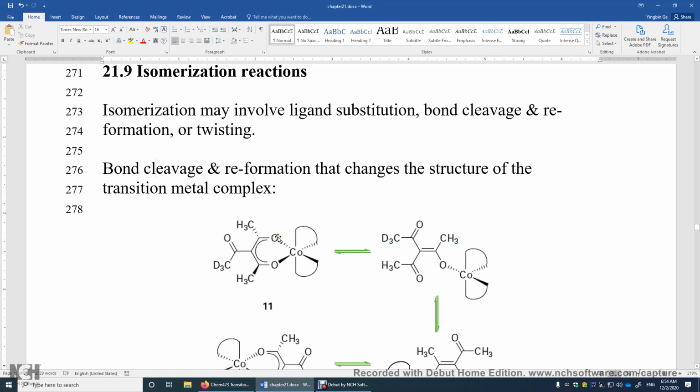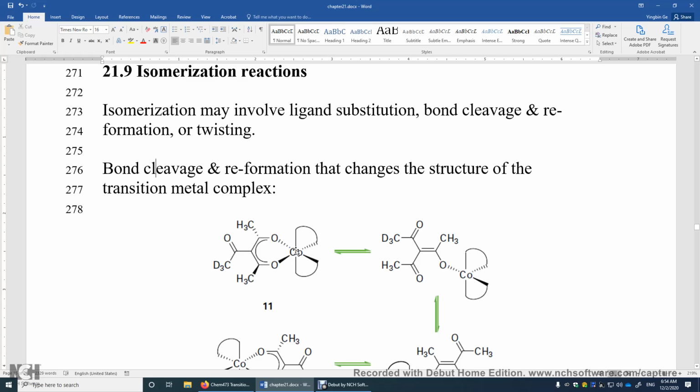Neutral oxygen with 2 lone pairs, and this is a double bond. And then this is a single bond, double bond, single bond. And this oxygen is negatively charged with 3 lone pairs, and this O- uses only 1 lone pair to form a sigma donor bond with this cobalt. This oxygen is neutral with 2 lone pairs. It can also use 1 lone pair to form a bond.